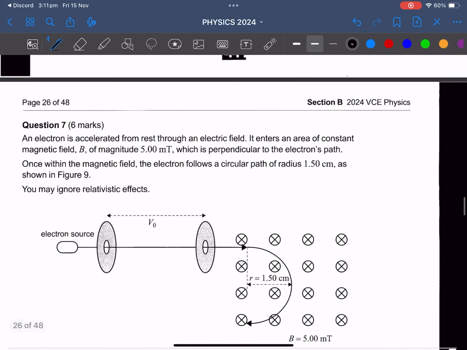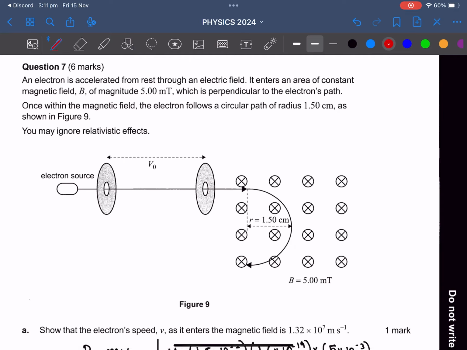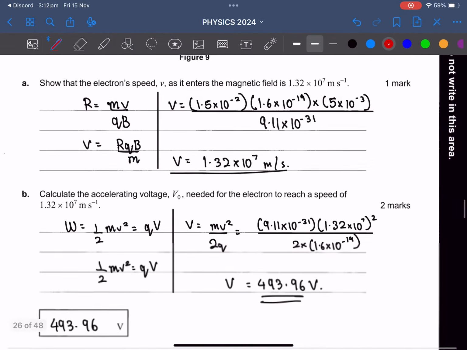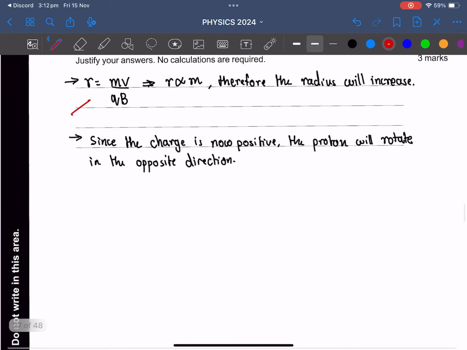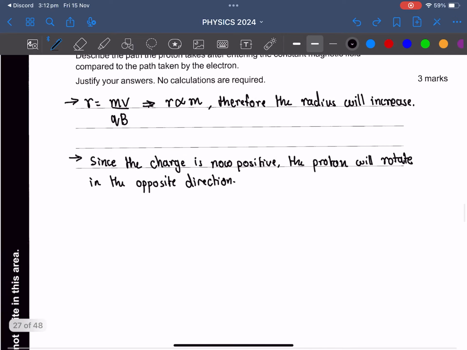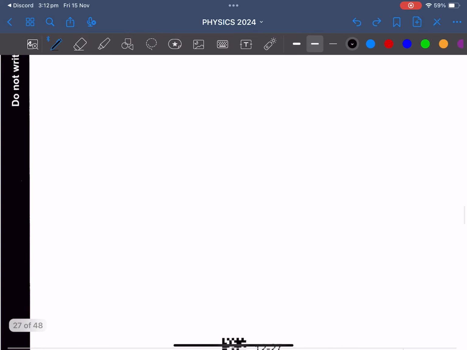Basically, because electron is negative and proton is positive, if the electron is rotating this way, then the proton will rotate this way. That's the second point. The first point is just showing the radius will increase. That took me a long time, but hopefully that makes sense.